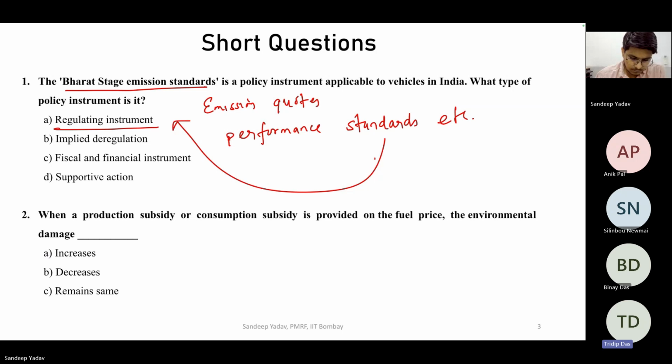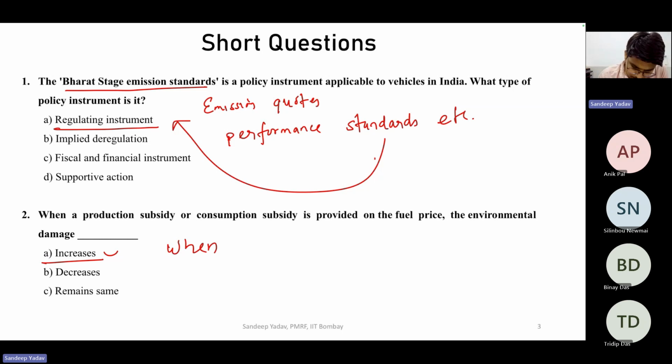When we get the subsidy, we use more fuel. Yes, it's correct. When you get the subsidy, you will consume more and more fuel, so it increases. Increases is the correct answer.